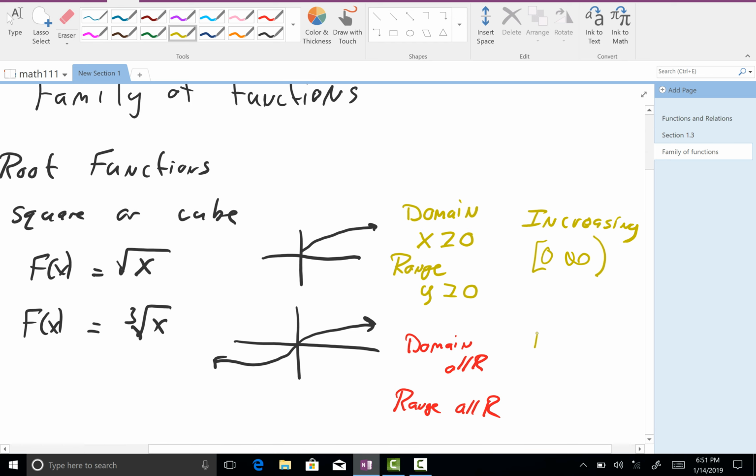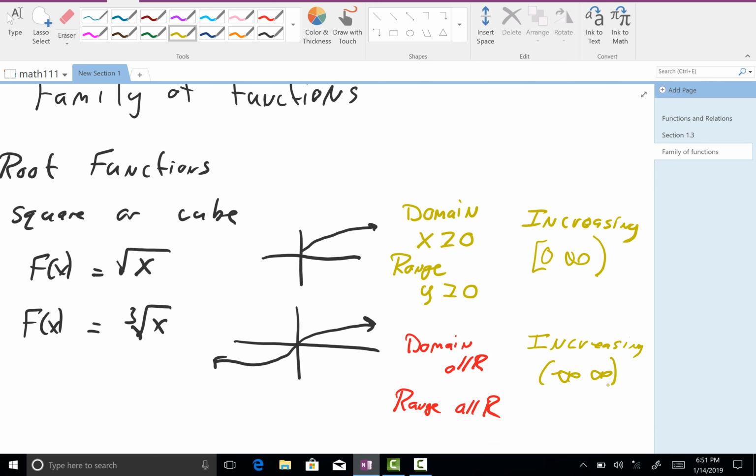So this one's just increasing. From negative infinity to infinity. All right. Does that kind of make sense? Yeah? Okay.